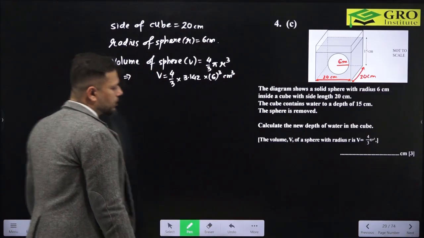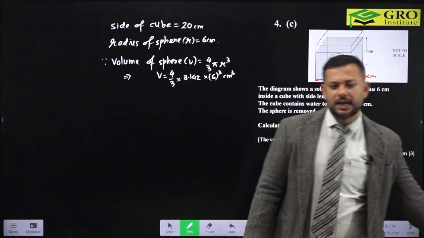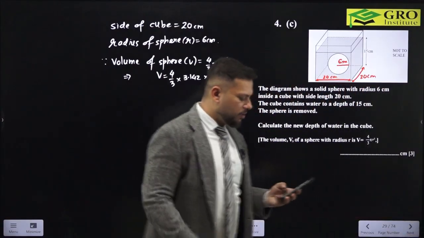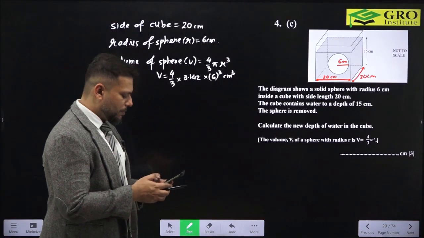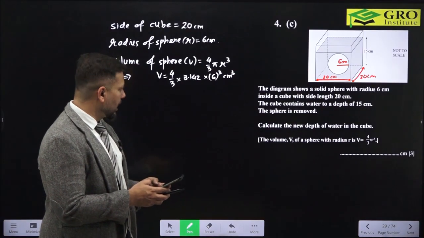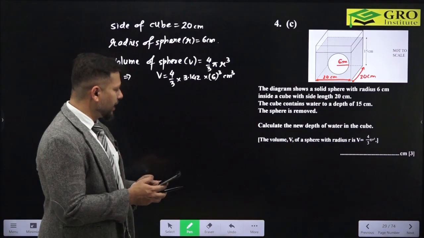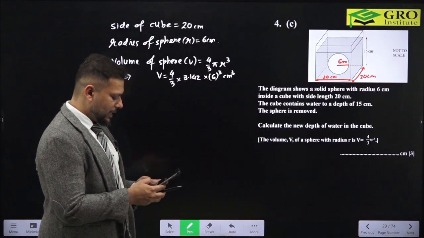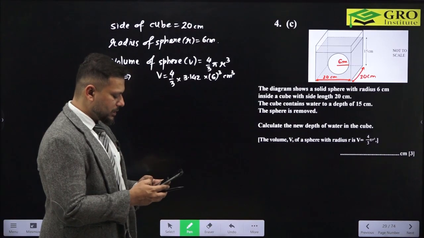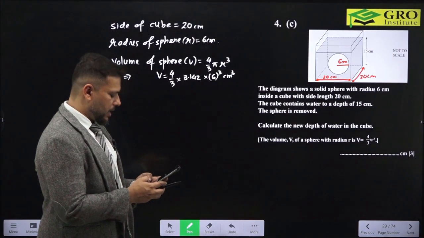Isn't it, guys? Let us use our calculator again and find out its value. We are being given with 4 by 3 times 3.142 multiplied with 6 cube. So I'll multiply the numerators first, 4 times 3.142 to be multiplied with 6 times 6 times 6 divided by 3.